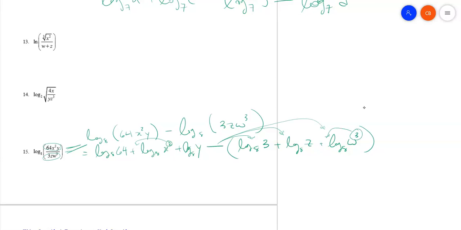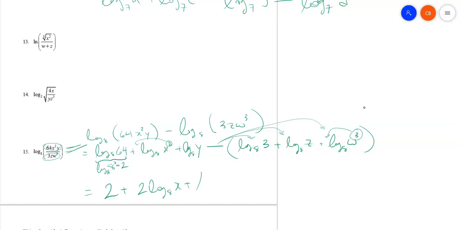And we're able to evaluate this one actually to get a number for this log base 8 of 64, because that one, log base 8 of 64, can be written as 8 squared. So we could think of this as putting the 2 into the front, and then log base 8 of 8 is 1. So this whole thing will just be equal to 2. And so we will have 2, and then plus 2 log base 8 of x.